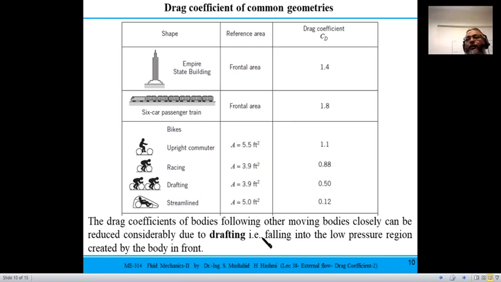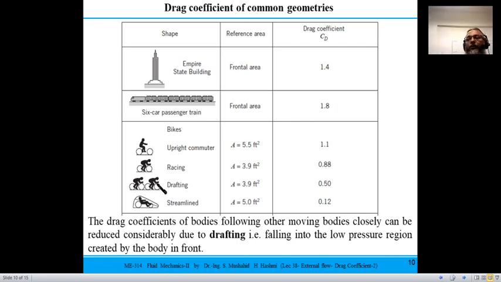That happens because the first cyclist faces higher pressure on the front and lower pressure at the rear side, and this lower pressure region is exposed to the front of the cyclist who is following. Then there would be a lesser drag on the person who is following.